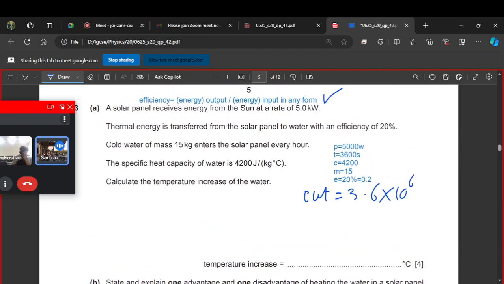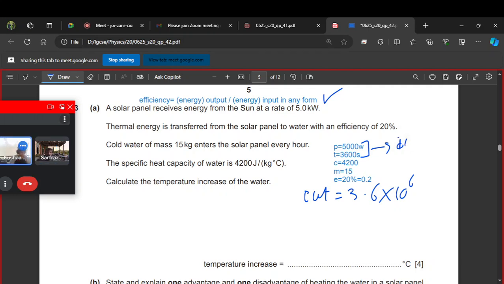Okay, now you repeat the steps you have taken. Then I will tell you whether you have done it right or wrong. Firstly, to get energy I did power multiplied by time. So I multiplied 5,000 by the time, and it has given 18 million. Is that input energy or output energy?